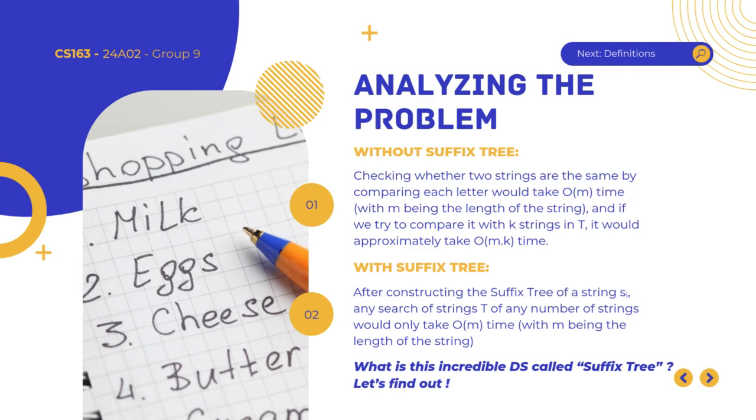That's like reading meals, then eggs, then cheese, before moving to the next item. With many items like this, checking takes a lot of time and is really slow. But what if we organize our list differently?